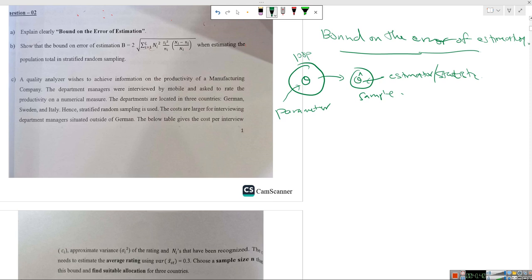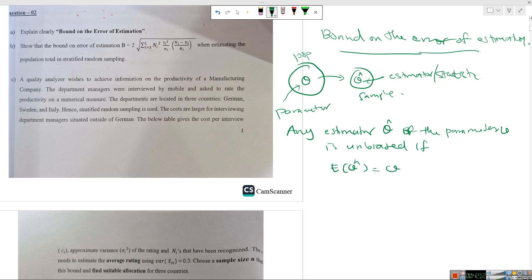Now we can write any estimator theta hat of the parameter theta is unbiased if the expected value of theta hat is equal to theta, right? So in that scenario only will it be unbiased.